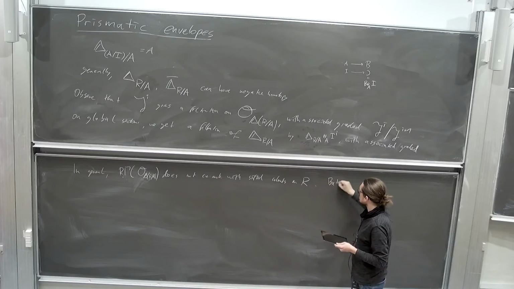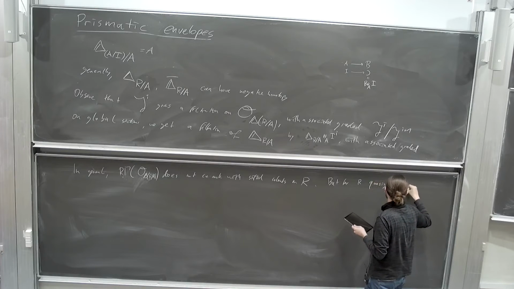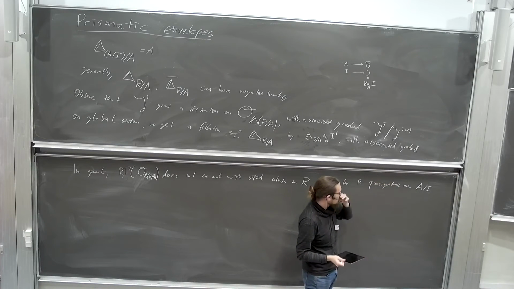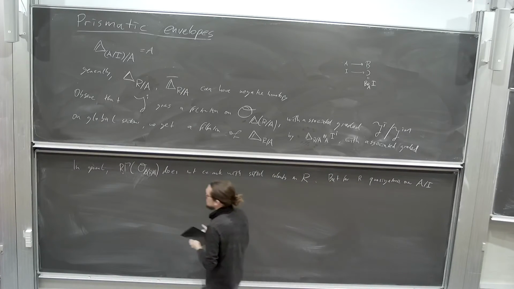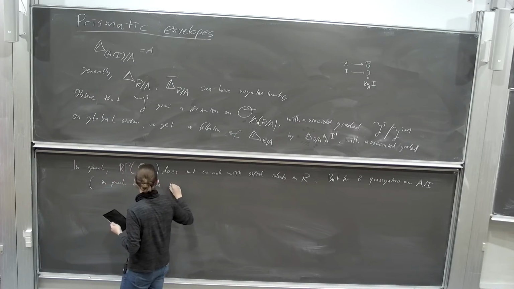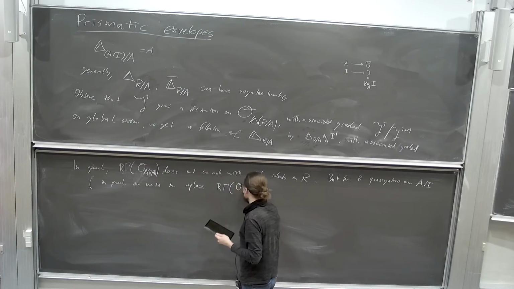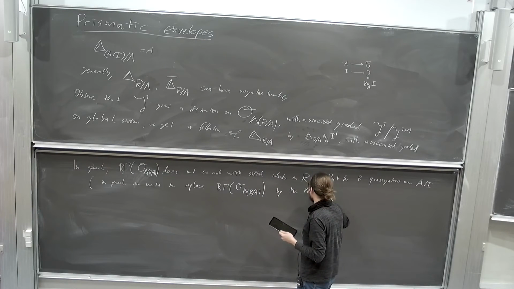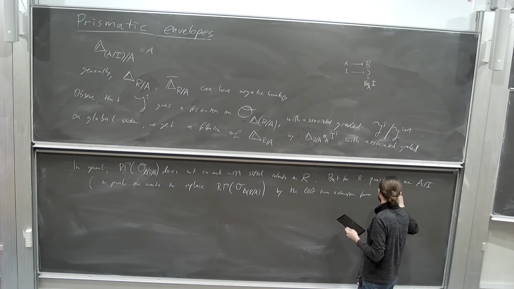But for R quasi-syntomic over A/I, so there's a condition on in which degrees the cotangent complex lives, this problem does not occur, and in general one wants to replace this guy by the left Kan extension from quasi-syntomic R.